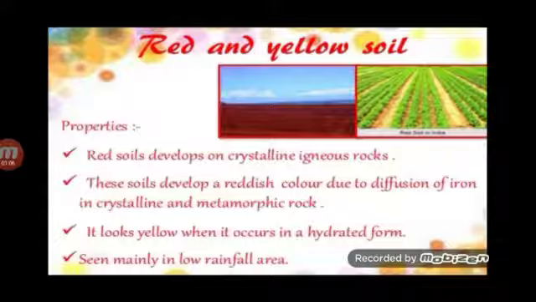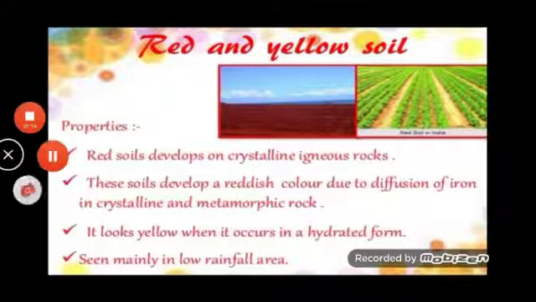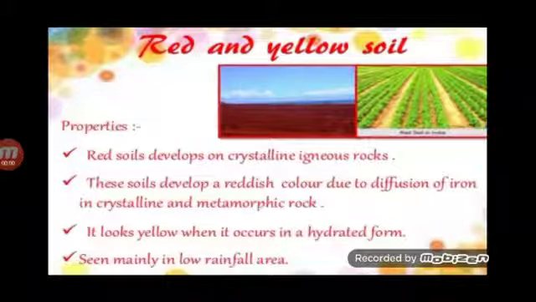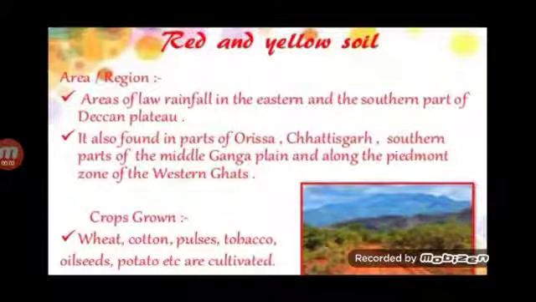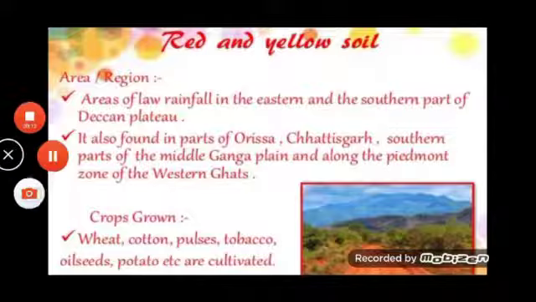It looks yellow when it occurs in hydrated form. Children, it is found in parts of Orissa, Chhattisgarh, southern parts of the Middle Ganga plains, and along the pediment zone of the Western Ghats.